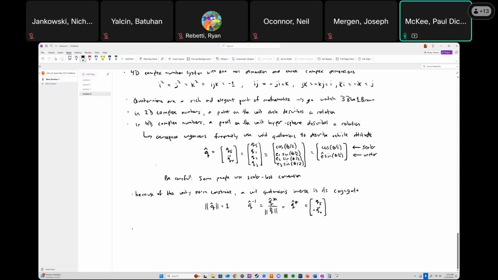We've got 4 numbers and 1 constraint. So we've got 3 degrees of freedom. And what's really cool is quaternions are not susceptible to singularity.